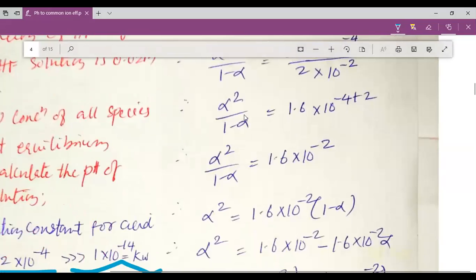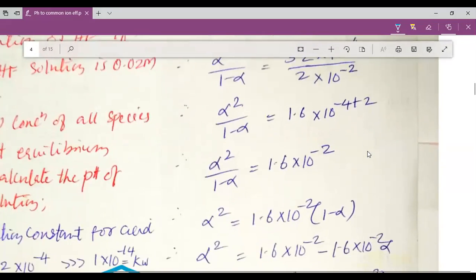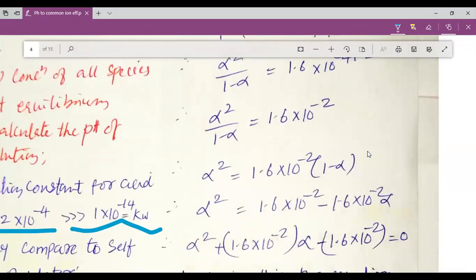So ultimately it is alpha square divided by 1 minus alpha. Now when we do this division, 3.2 divided by 2 gives us 1.6, and 10 to the power minus 4 divided by 10 to the power minus 2 is 10 to the power minus 4 plus 2. So alpha square divided by 1 minus alpha is equal to 1.6 into 10 to the power minus 2.